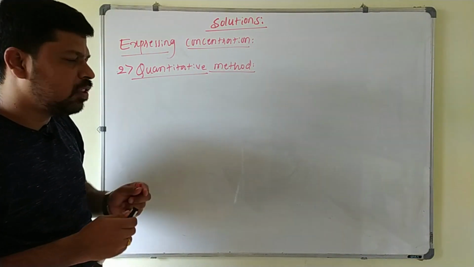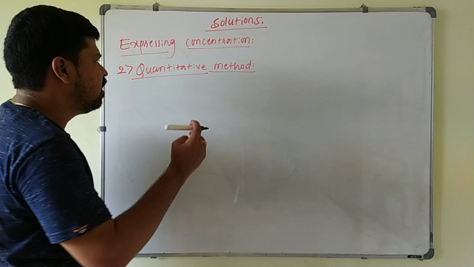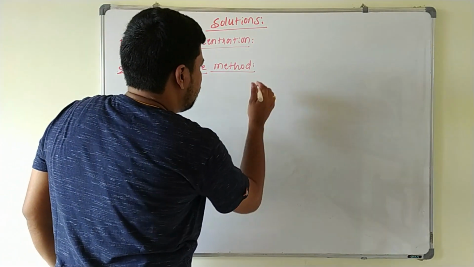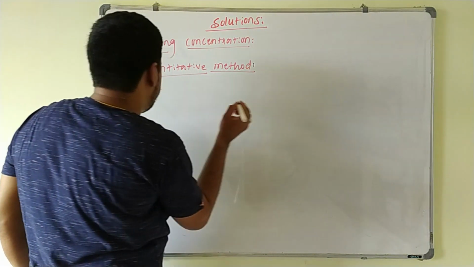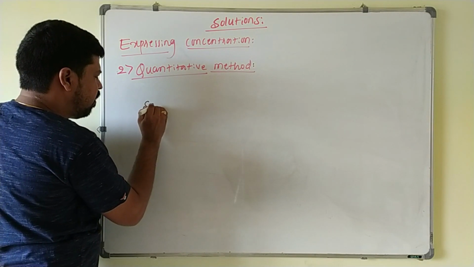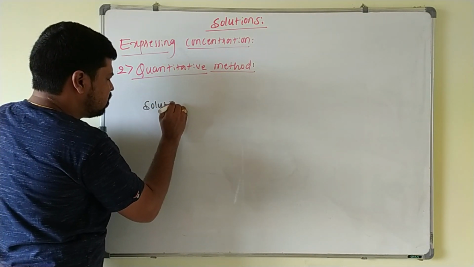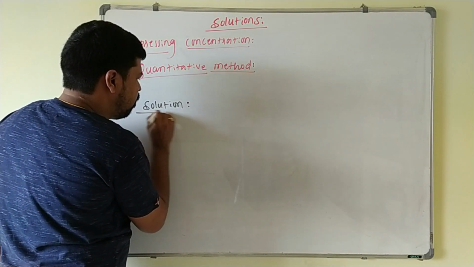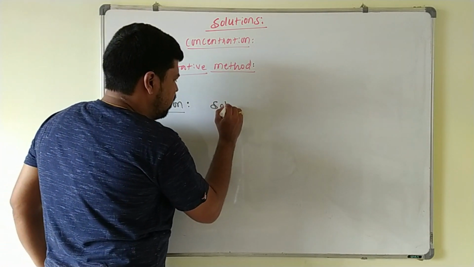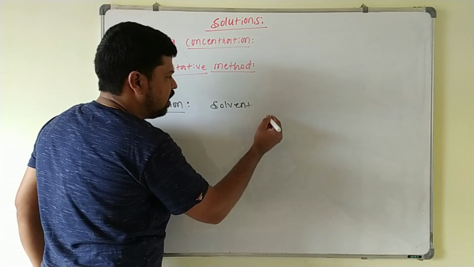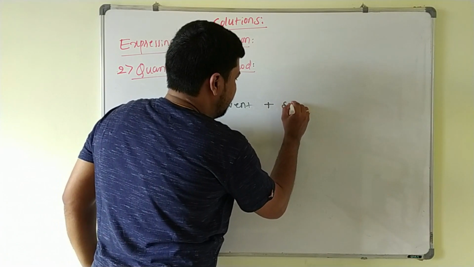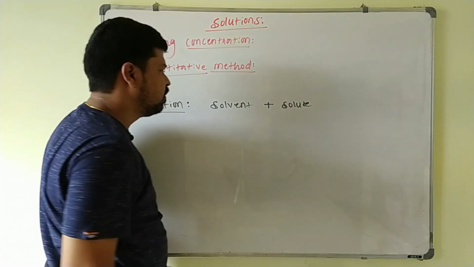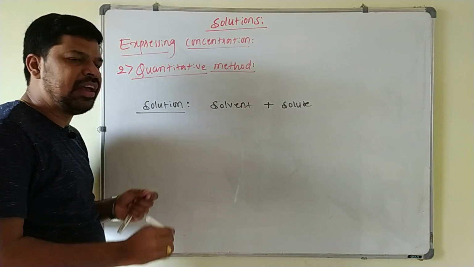Before going to the different methods, we will give the notation for the solute and solvent in order to avoid confusion. First, keep in mind that in a binary solution, the first component we take as solvent and the second component we take as solute. These two combine together to form a binary solution.